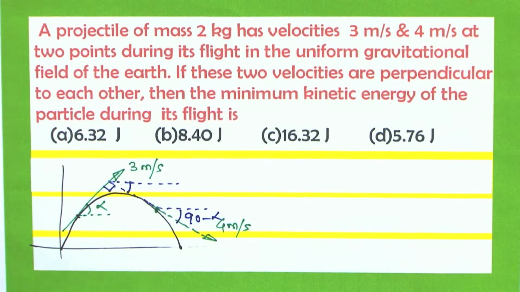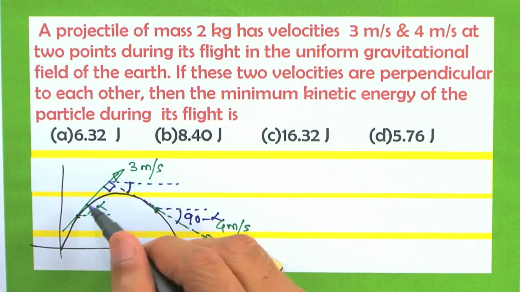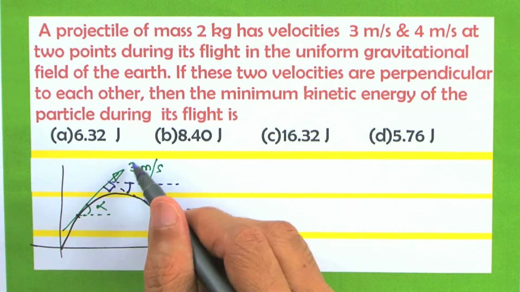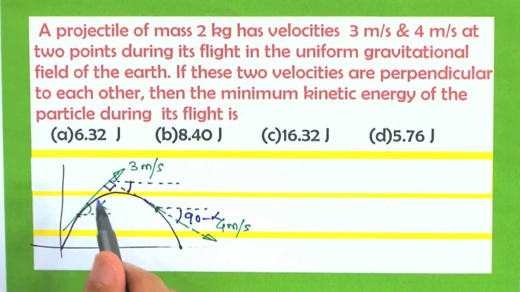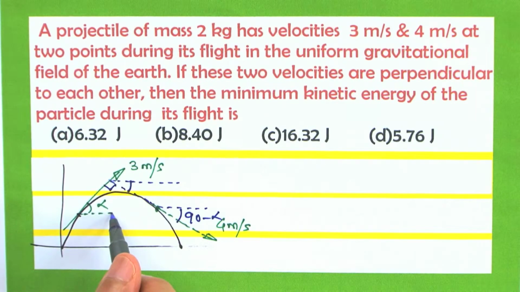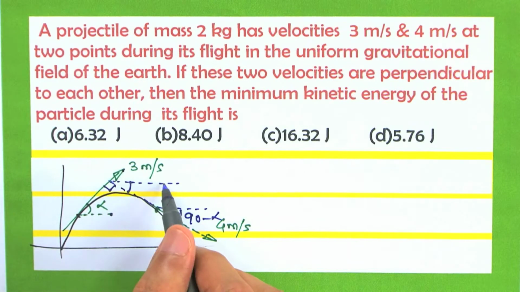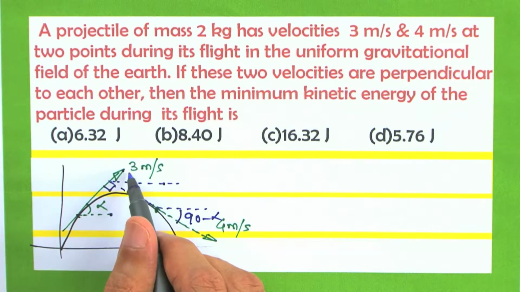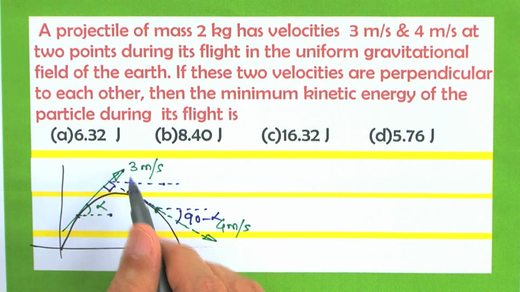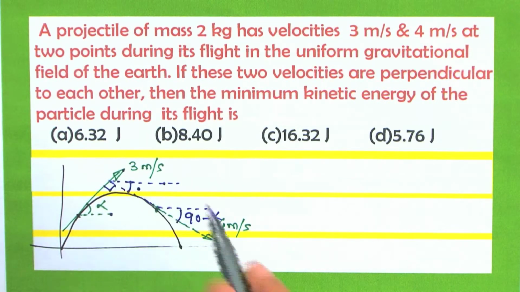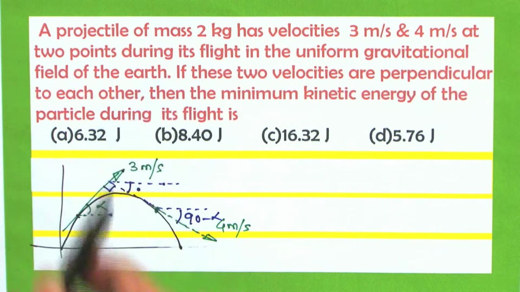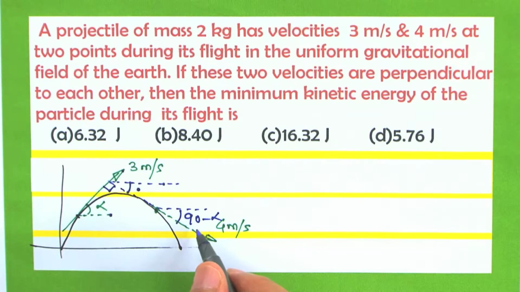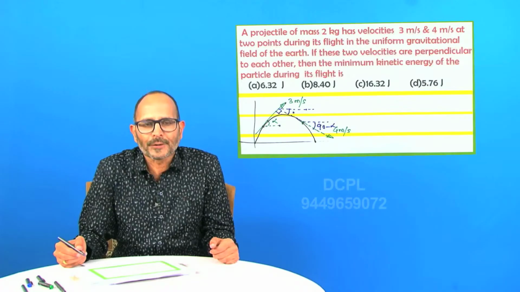I hope it is clear. This is the velocity initially, which I have extended further, and I have drawn one horizontal line for my reference. This velocity makes an angle alpha with the horizontal line here. So, the same velocity with the horizontal line should continue to make the same angle alpha. And if that is alpha, this is going to be 90 minus alpha, because this line is perpendicular to this line. So, this angle is 90 minus alpha. I hope you understood this small simple geometry.